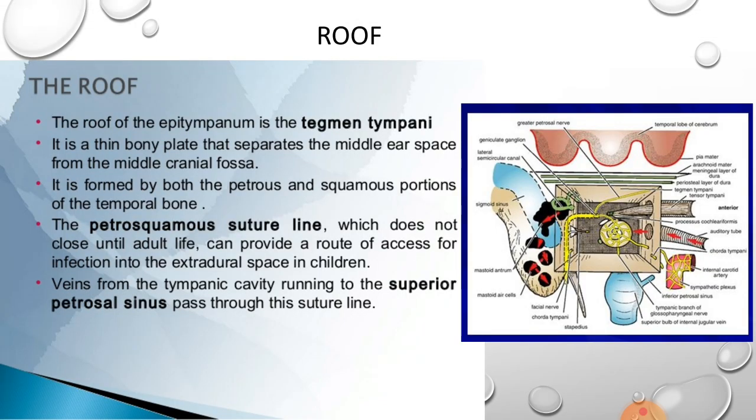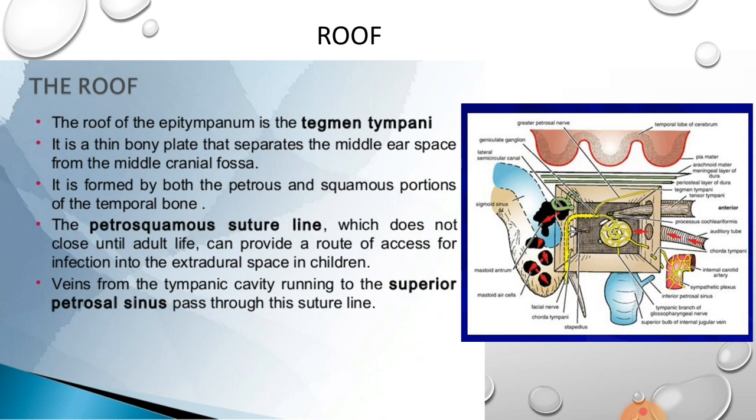Okay, the roof is the tegmen tympani. We already talked about it, that the thin bony plate which separates the middle ear cavity from the middle cranial fossa, formed by both the petrous and the squamous portions of the temporal bone. The petrosquamous suture line, which does not close until adult life, can provide a route of access for infection into the extradural space in children.